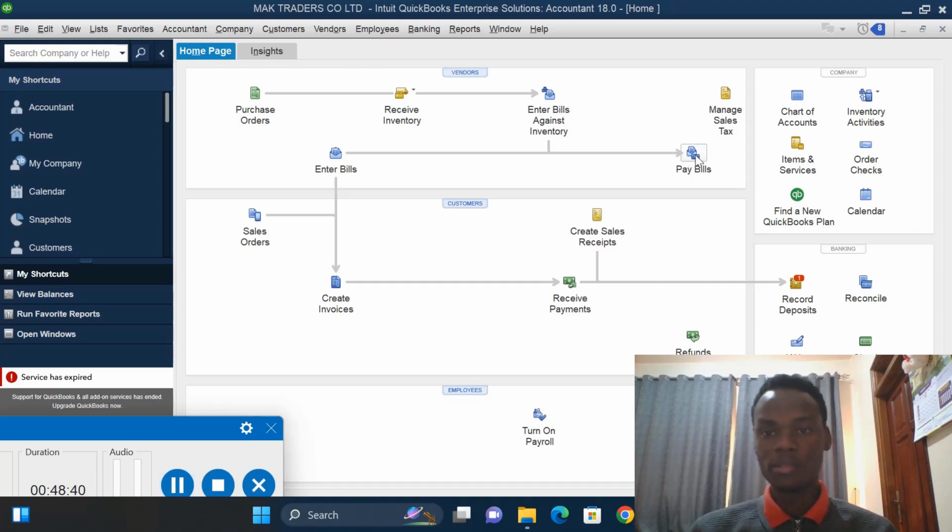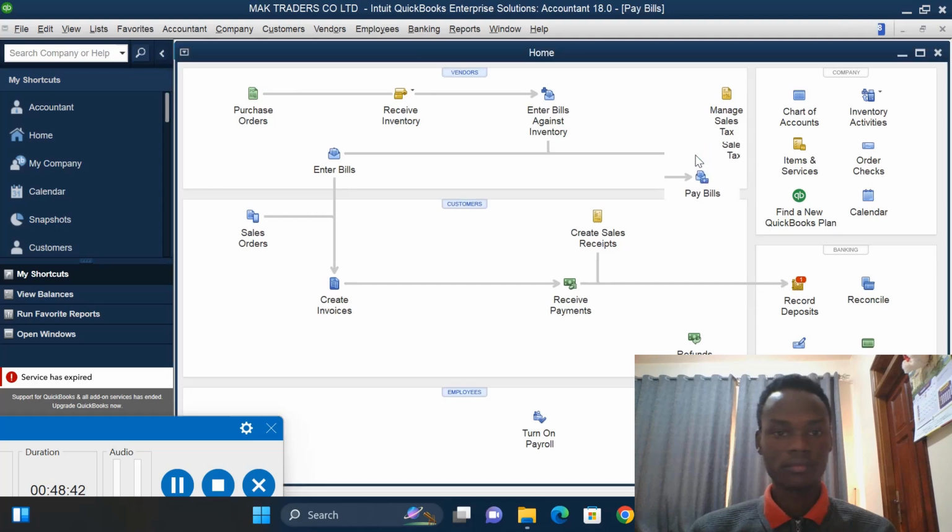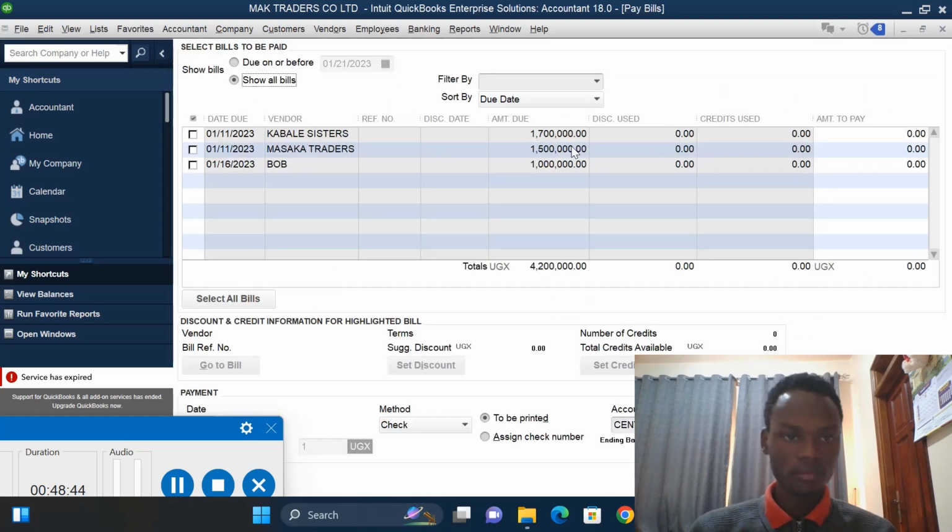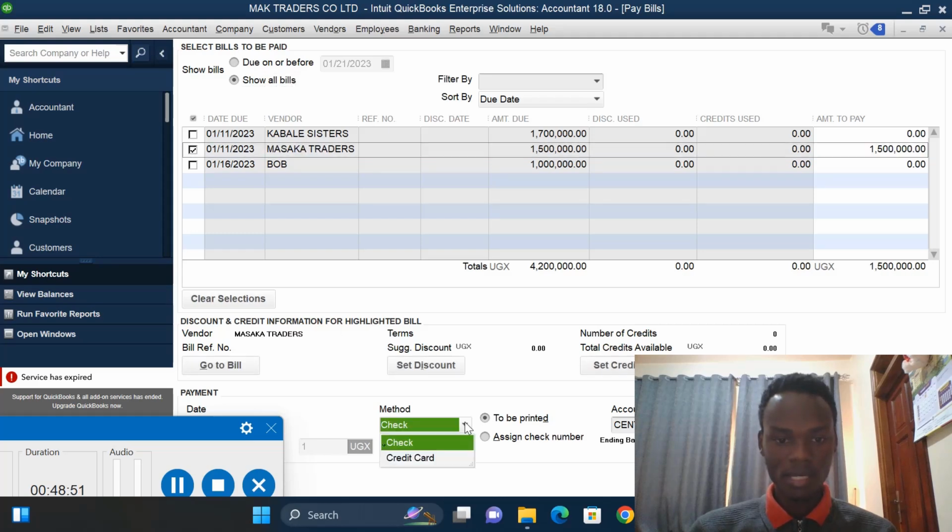So we shall go to pay bills. And we'll have Masaka traders by cash.